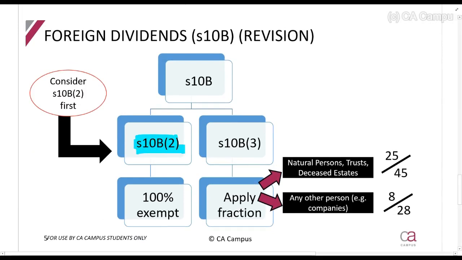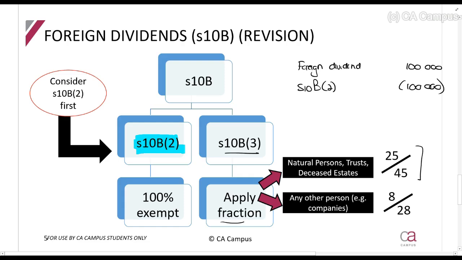Okay, so let me use that same example of 100,000 rands dividend. Alright, so you'll put 100,000 in, and if section 10B2 applies, it'll be 100% exempt. However, if section 10B3 applies, you will have to apply a fraction. For natural persons, it's 25/45, for companies, 8/28.